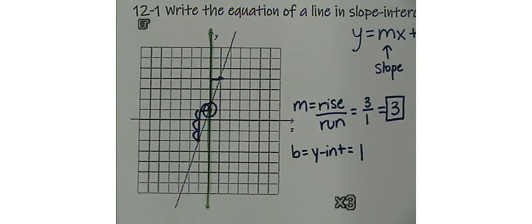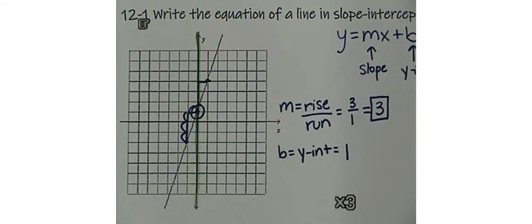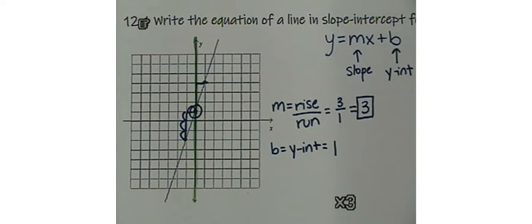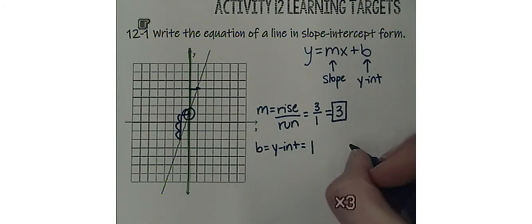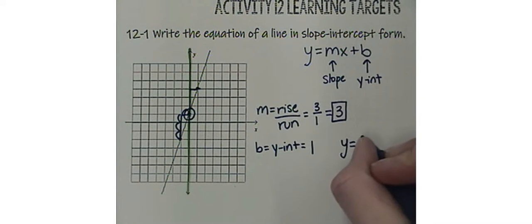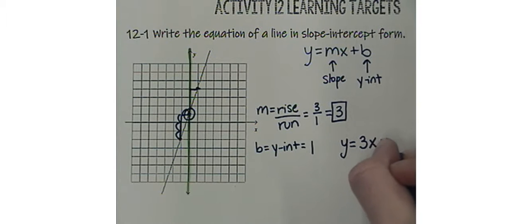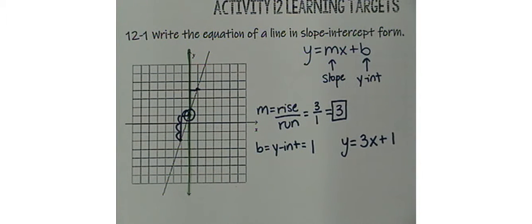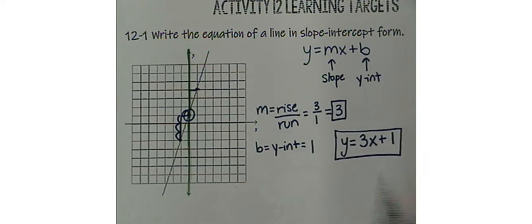Now I have the two pieces of information that I need to write it in slope-intercept form. So y equals m, slope, which is 3, x, plus b, your y-intercept, which is 1. This is how we write it.